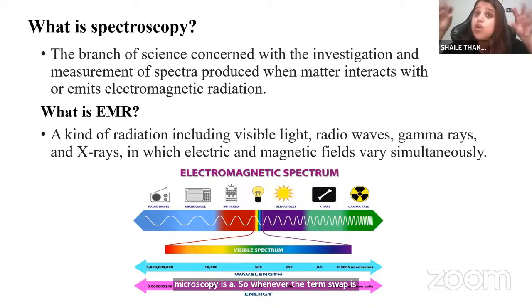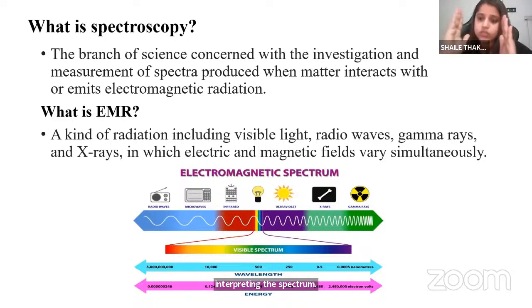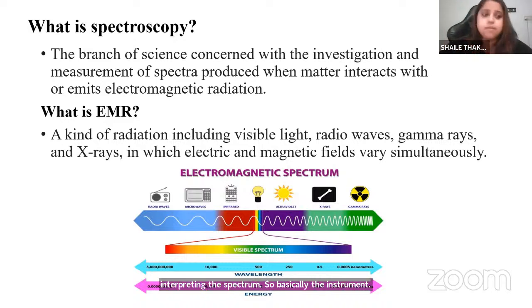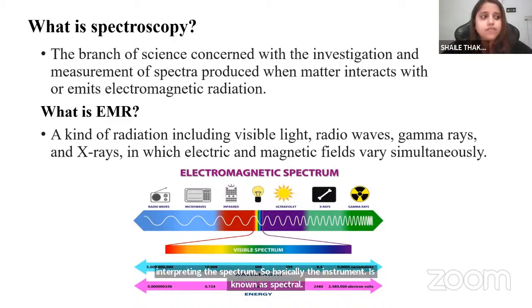But whenever we are talking about a spectrometer, what do you mean by the term spectrometer? A spectrometer basically is an apparatus or instrument used for recording the spectrum or interpreting the spectrum, right? So basically the instrument is known as a spectrometer. So this is very, very important to understand.